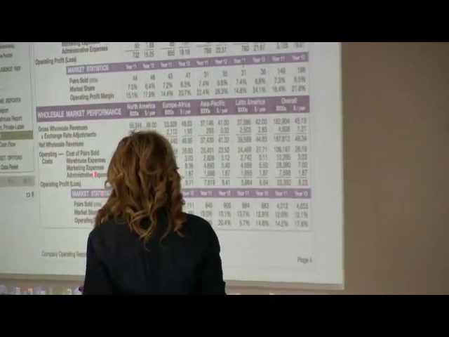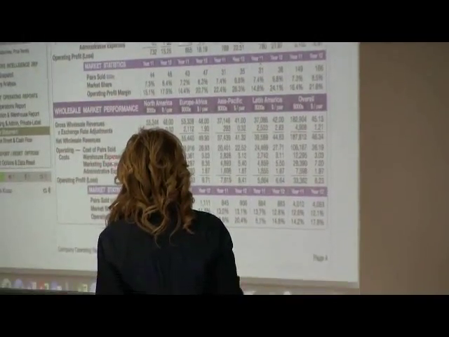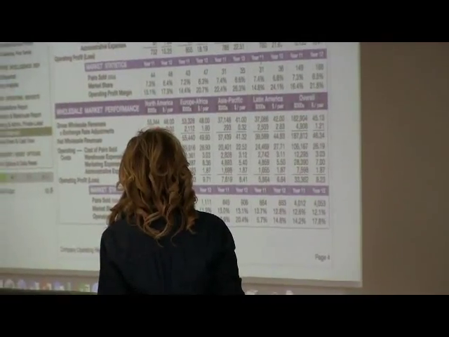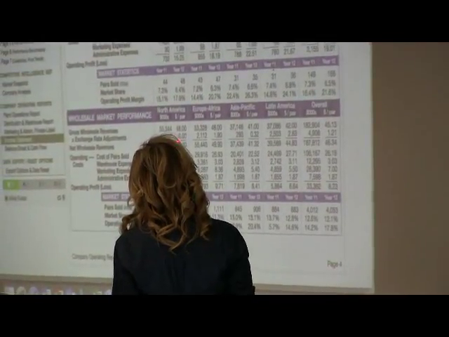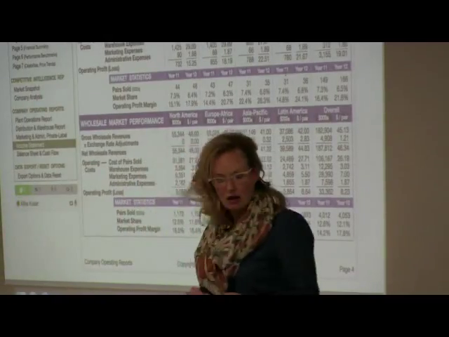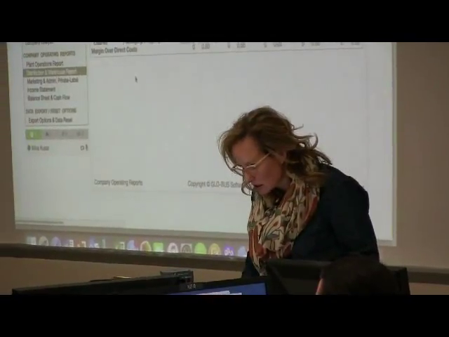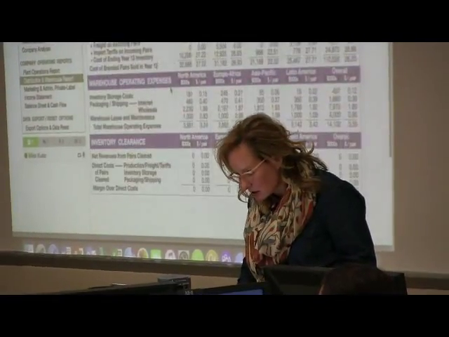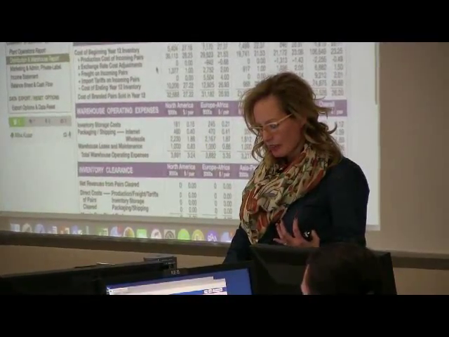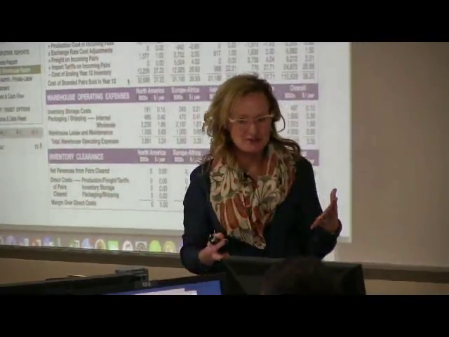So my exchange rate adjustment is up, but that's for my revenues. What is it for my cost? There it is.